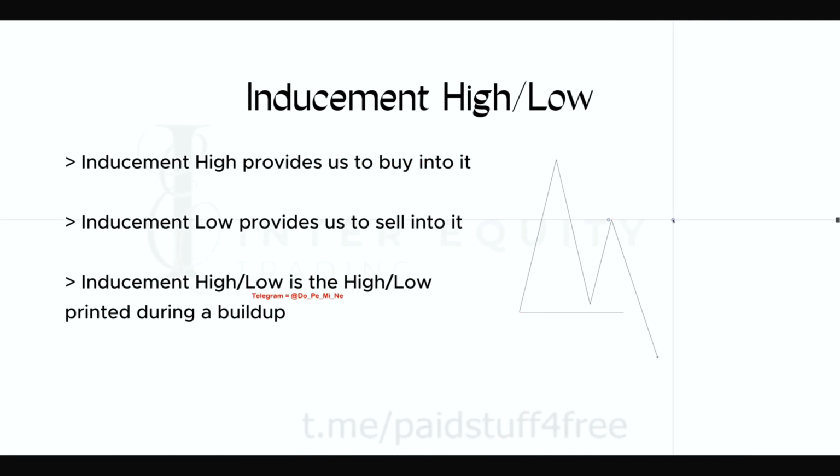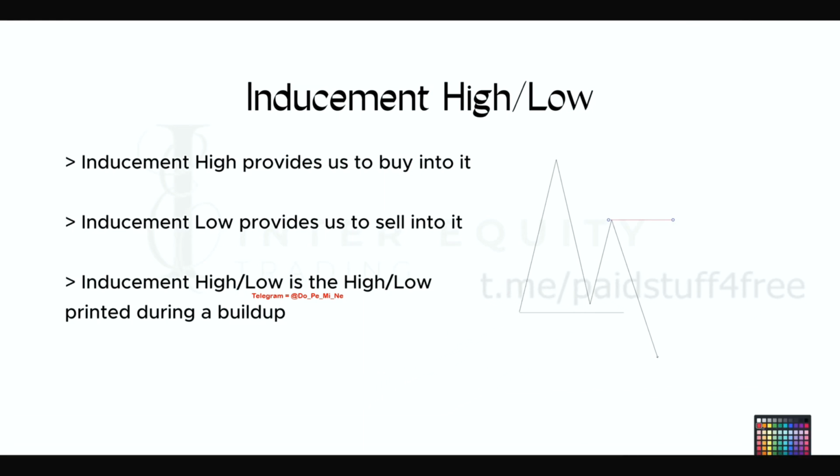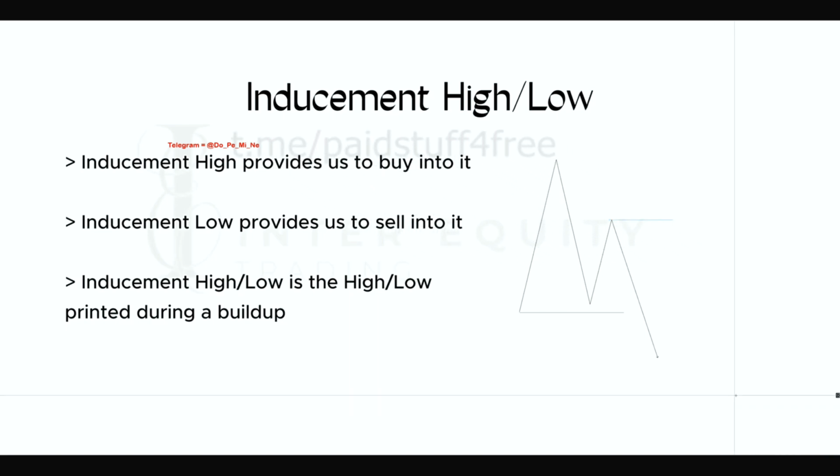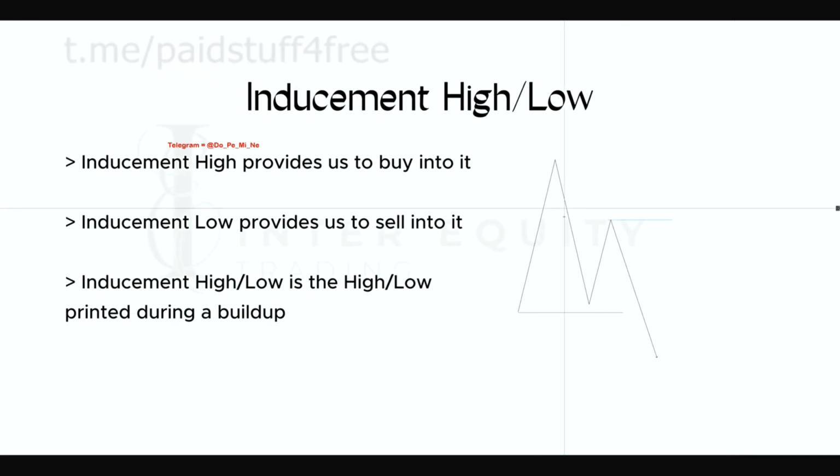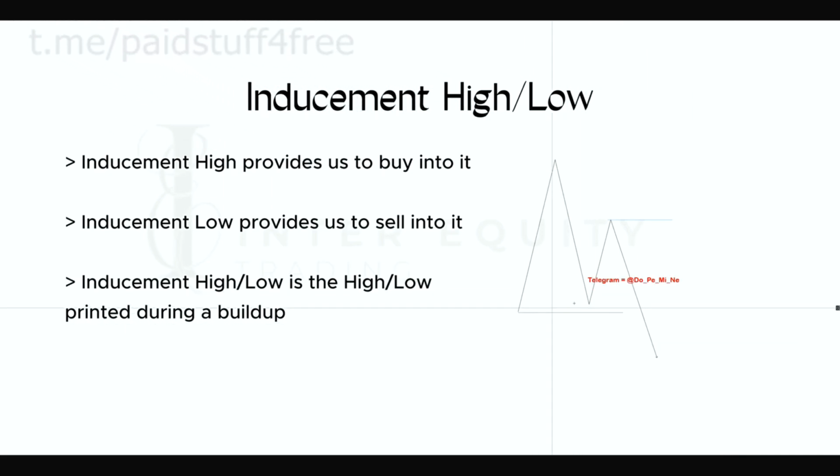So let me actually change the color to, let me change it to blue. Okay, so when the market has this move down, right, and comes into this low and then has a buildup, right?